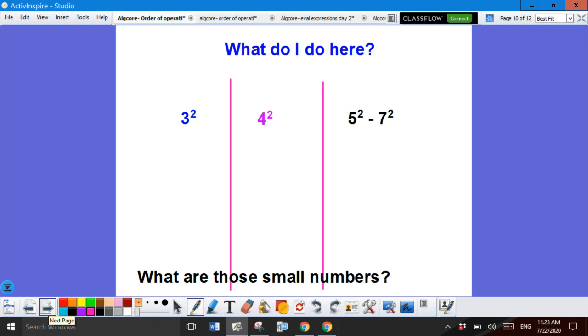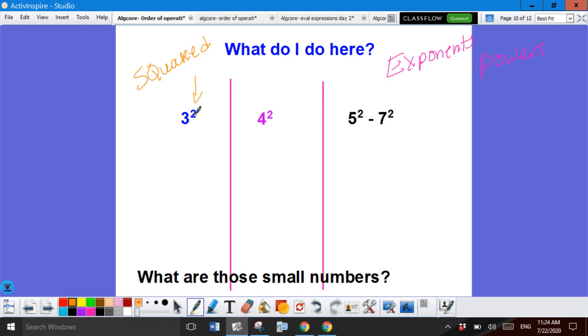All right, now let's make sure we understand our powers. These are exponents or powers. When I see this little 2, remember that is pronounced squared. So that is 3 squared, 4 squared, 5 squared, 7 squared.